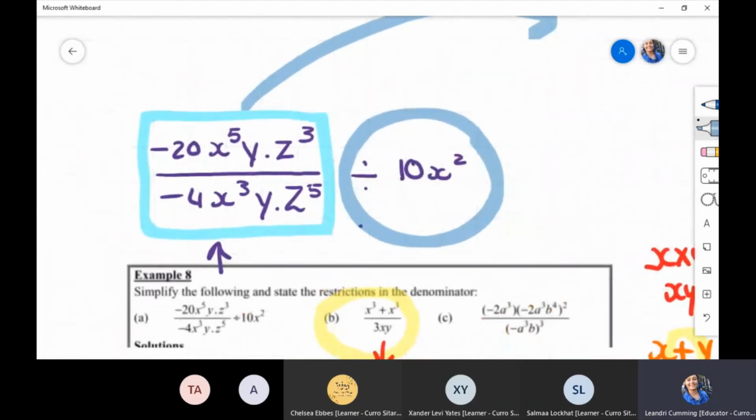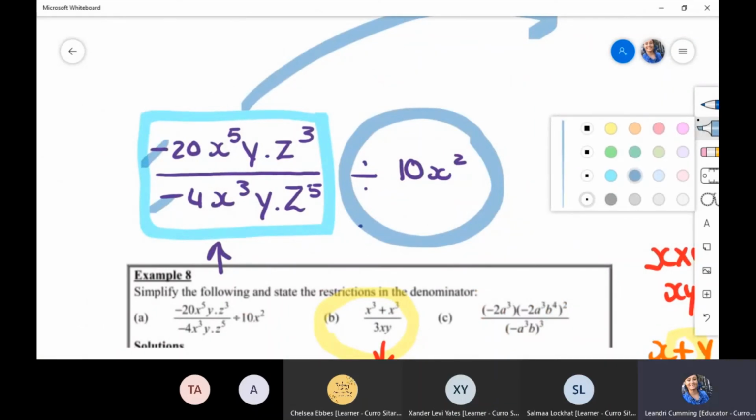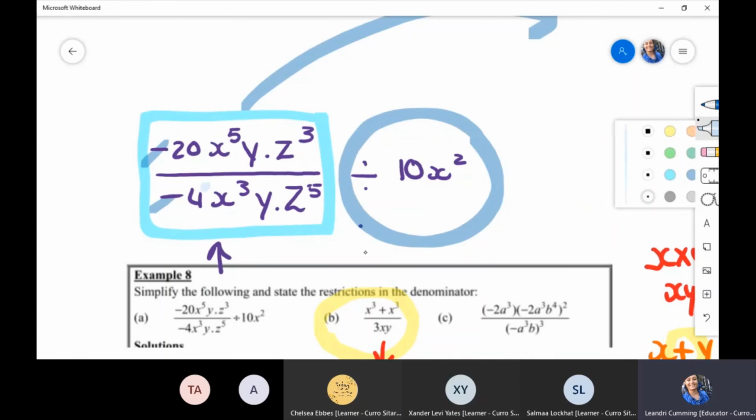I'm going to cancel using these little strokes here. And what I see is 20 divided by 4 leaves me with a 5. And then I have x to the power of 5 at the top, x to the power of 3 at the bottom, 5 minus 3 leaves me with x to the power of 2. Y to the power of 1 divided by y to the power of 1 leaves me with 1. Y divided by y is 1.